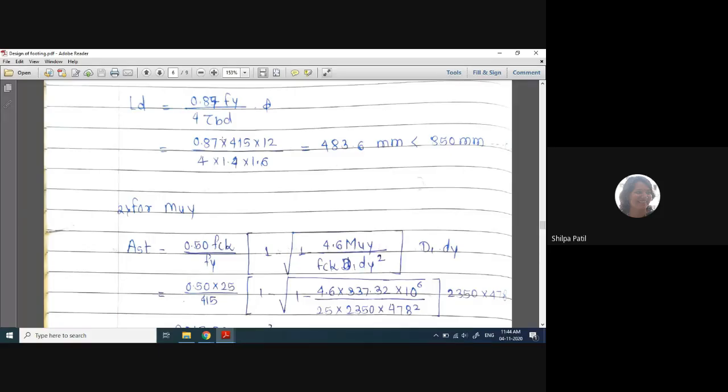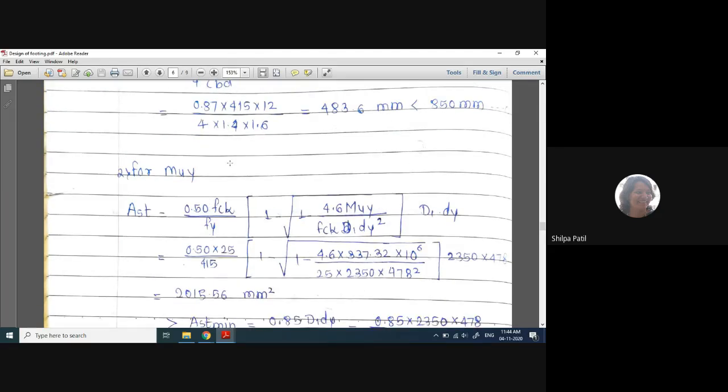Now we have calculated the area of the steel and the development length for x direction. Similarly for y direction, that is, to resist the MUY. Based on this moment, whatever area of steel we calculate, it is to be provided perpendicular to the y direction. So again, the same formula is used here. Here MUY value is to be used.